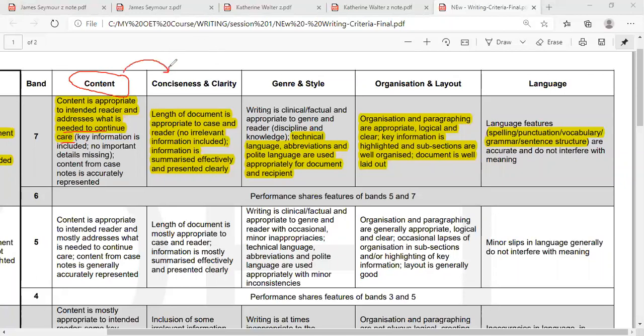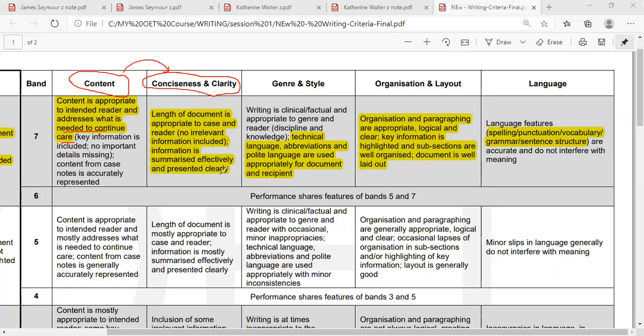Okay, after I have selected the important relevant information, we come to the next point of the assessment criteria, which is conciseness and clarity. And I mean by this, the length of the document is appropriate to case and reader. No irrelevant information included. Information should be summarized effectively and presented clearly.